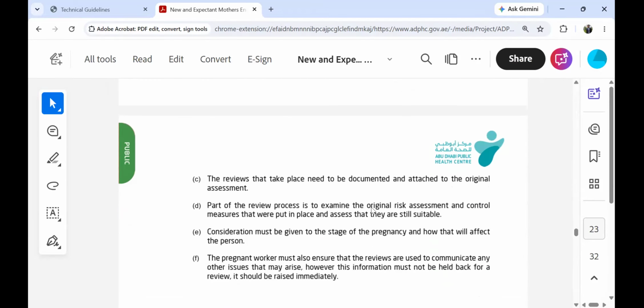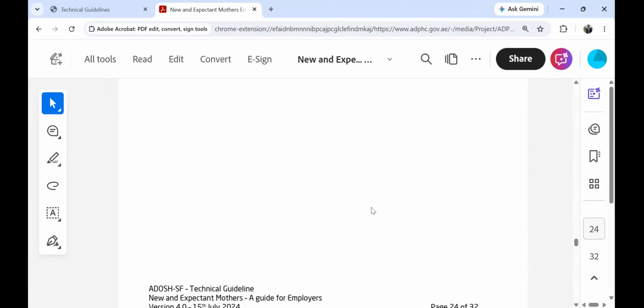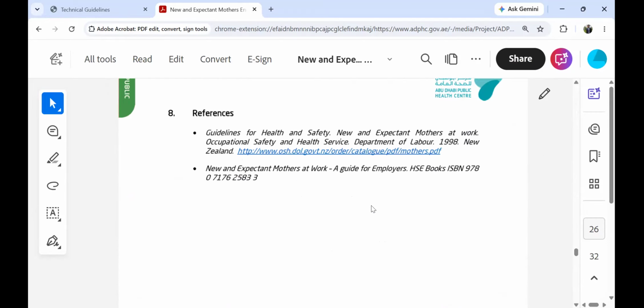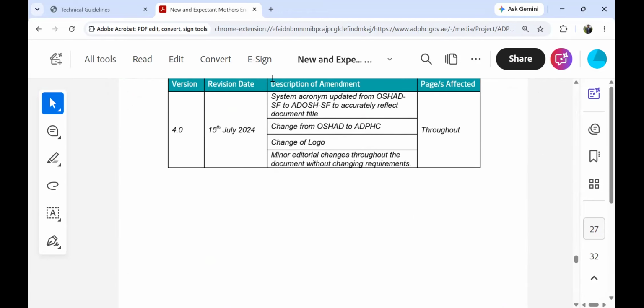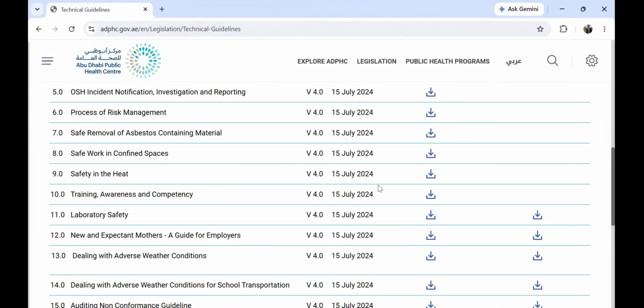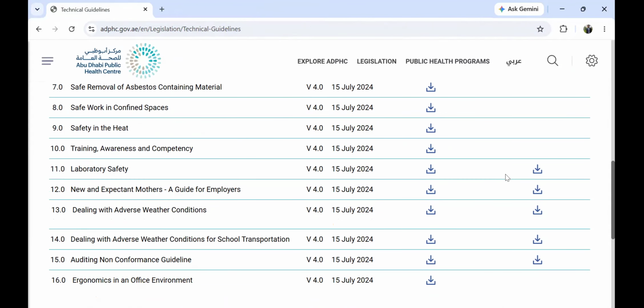After this, they will provide special cases or special requirements. So now coming here: ergonomics, dealing with weather, confined, remote, then process.